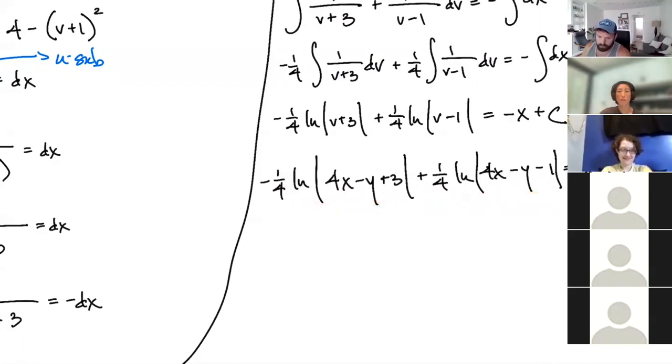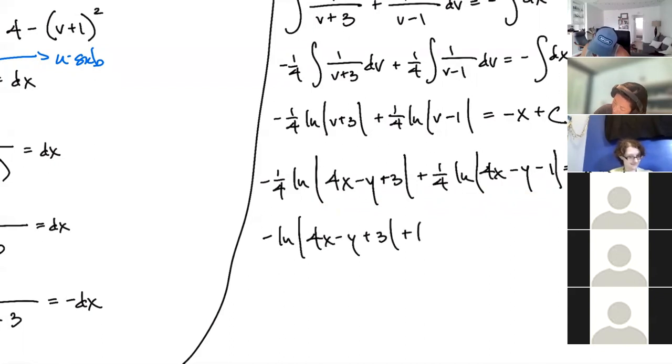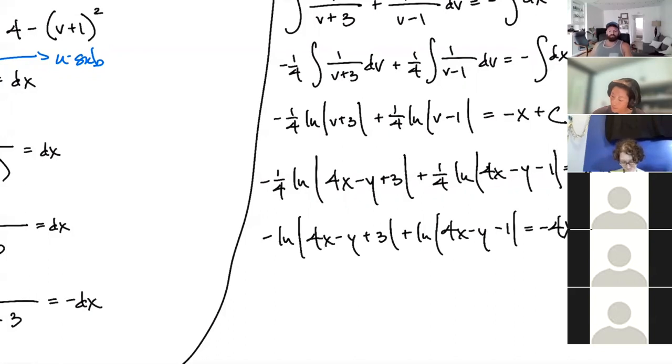So that might be another step that people take. If we did both of those, let's multiply everything through by 4, and we end up with negative natural log of this plus log of this equals negative 4x. Now I can't combine those because 4 times x is going to be 4x. But I can say that 4c is just going to be c.